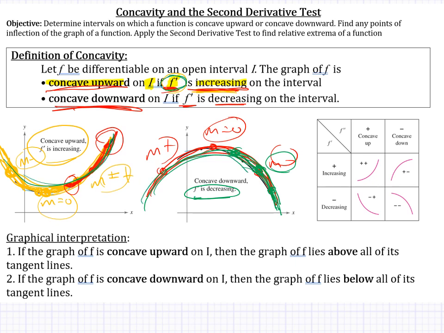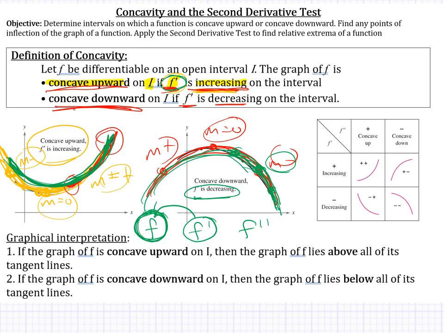Now, one thing to understand is when I draw this graph, this is the graph of the original function. So the original function has a derivative and a second derivative. The first derivative of this function tells me how this function is changing with regard to increasing, decreasing.